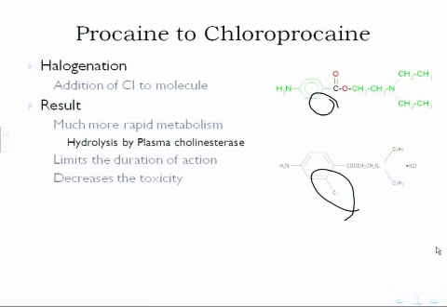It gets hydrolyzed much more readily by the plasma cholinesterases. This limits the duration of action and decreases the toxicity of chloroprocaine. So if you look at the wording carefully, it's procaine with a chloride group. That's why it's called chloroprocaine. That makes sense?